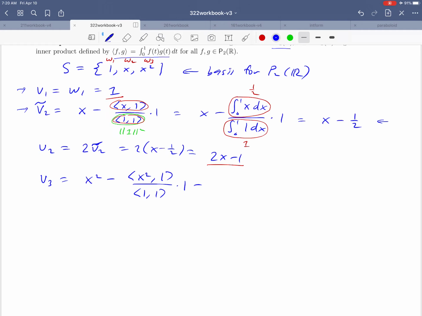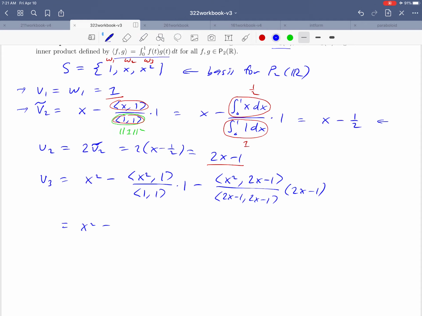Okay, and then there's going to be a second term, inner product of w3 with v2 over the length of v2 squared times v2. Okay, that's just the Gram-Schmidt orthogonalization formula.